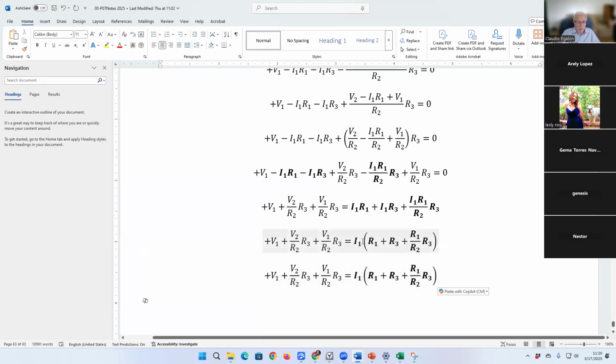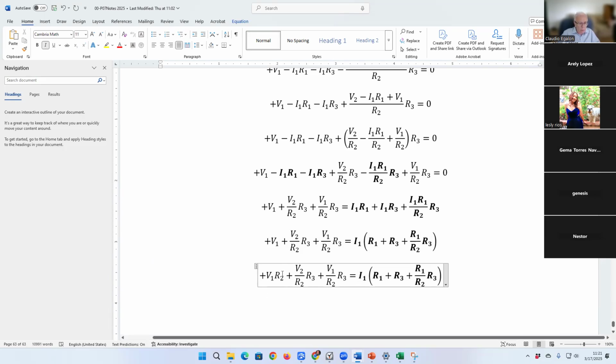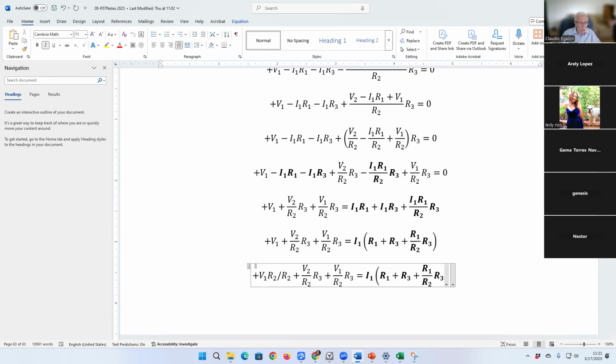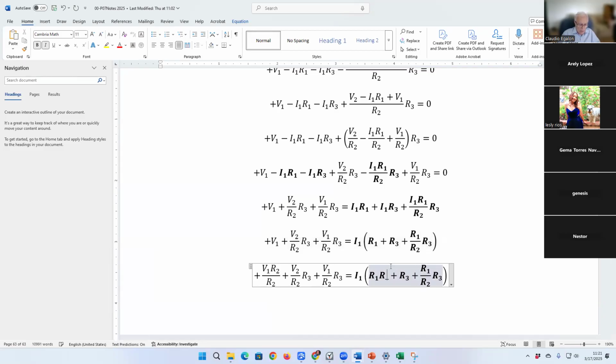And then we finally solve for I1. But before we solve for I1, let's put everything under the same denominator. Right? R2 divided by R2. Like that. Let's put this one under the same denominator too.